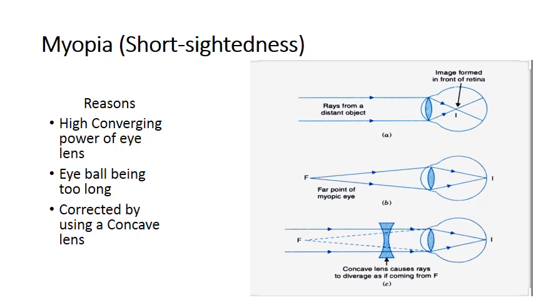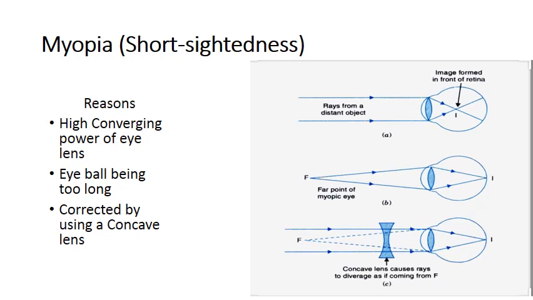But with age, these ciliary muscles lose their tendency to regain the shape, to adjust the focal length of the lens, and therefore they are not able to continuously adjust the focal length, as a result of which in some cases a human being is not able to see the far off objects clearly because the converging power of the lens is too high.